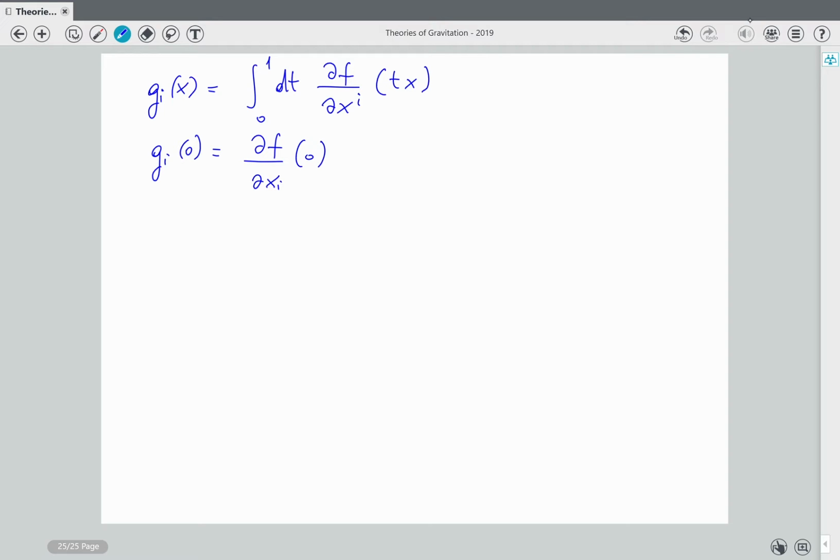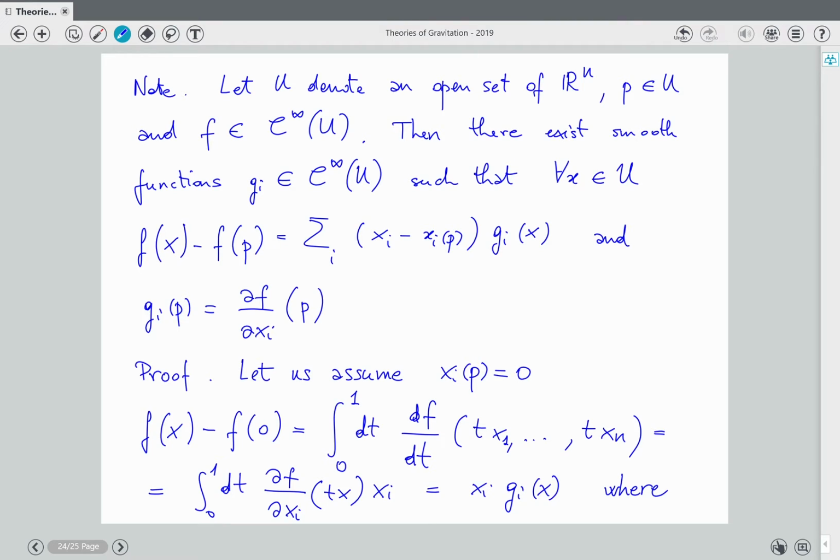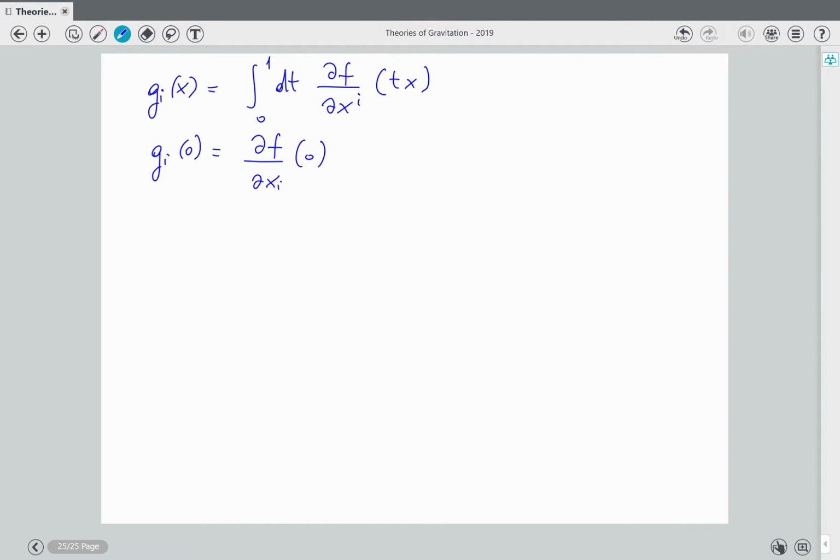So this identity is useful. Such functions exist. They are C-infinity functions, because f is infinitely differentiable, and an integral can only improve the differentiability. So you have the integral of a derivative, you don't lose any differentiability property.